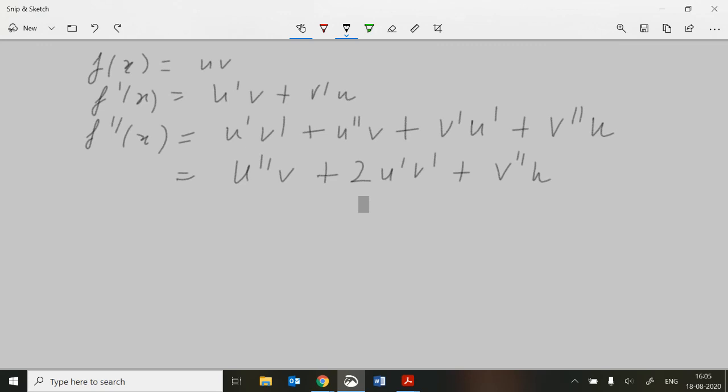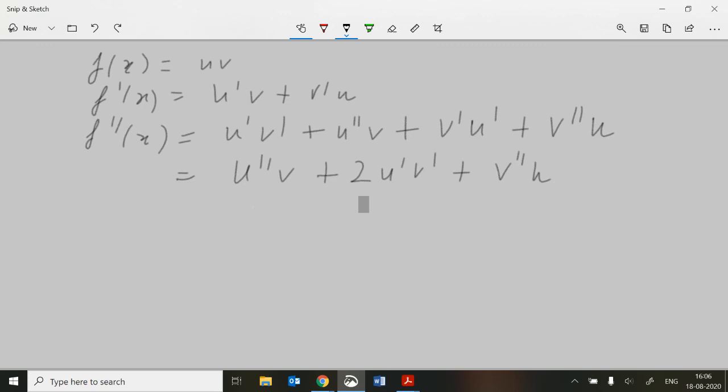Now I'm not going to take this further than this. I'm just demonstrating this, but if you do it again, each of these is going to give you two terms, and it's going to develop just like the binomial expansion. So the next one is going to be U dash dash dash V plus 3U dash dash V dash, and so on. And you can verify that as they're asking you to in the book as well.